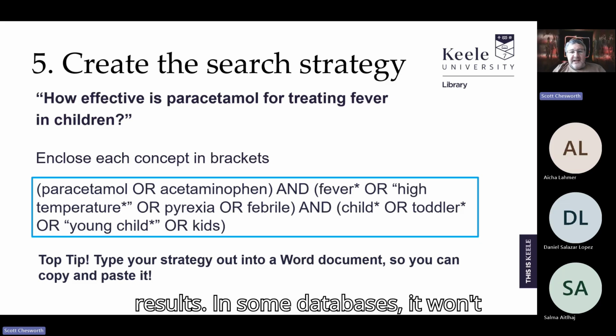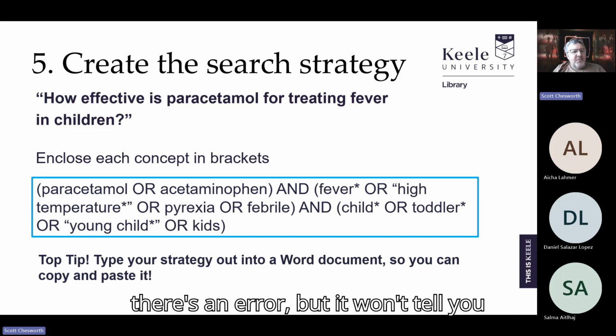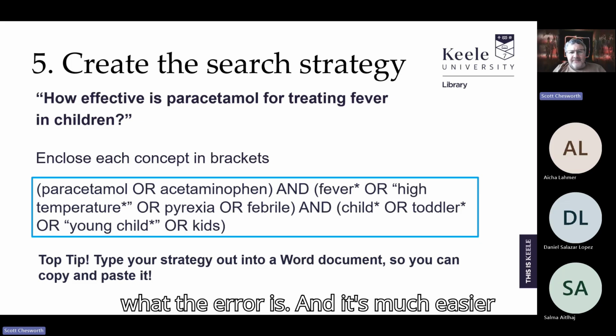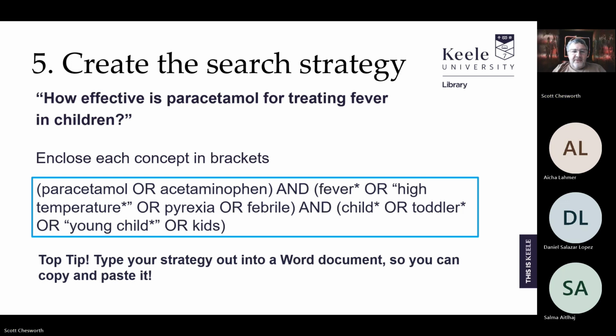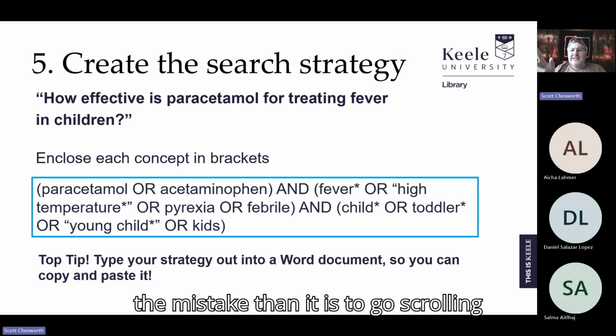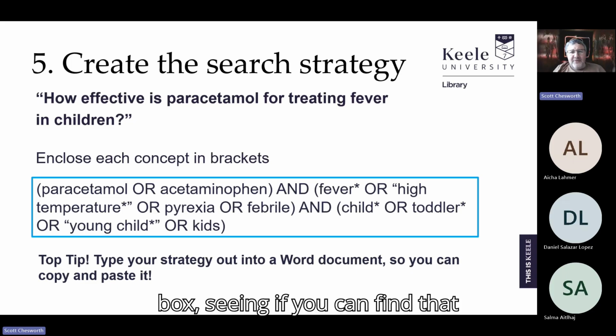In some databases, it won't even run the search. It'll tell you there's an error, but it won't tell you what the error is. And it's much easier to check a Word document for the mistake than it is to go scrolling backwards and forwards through a search box, seeing if you can find that errant asterisk or bracket.